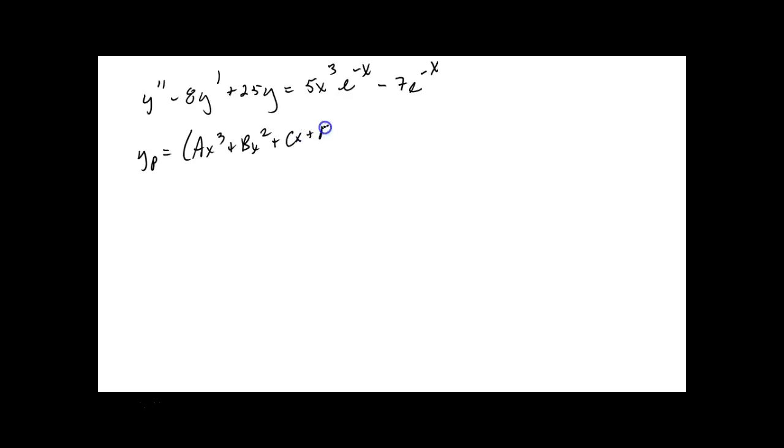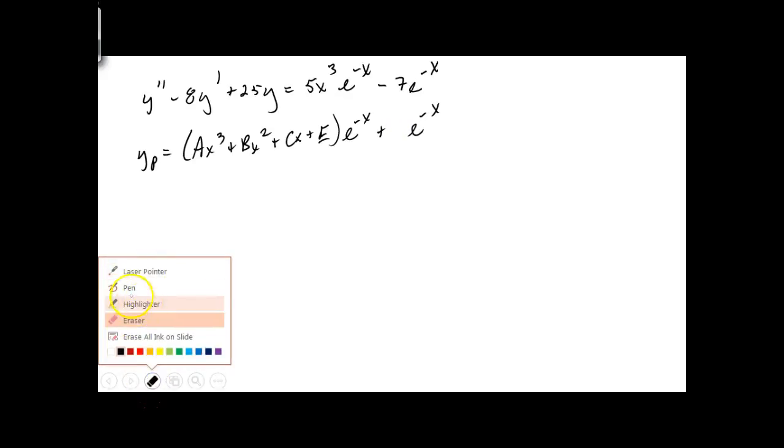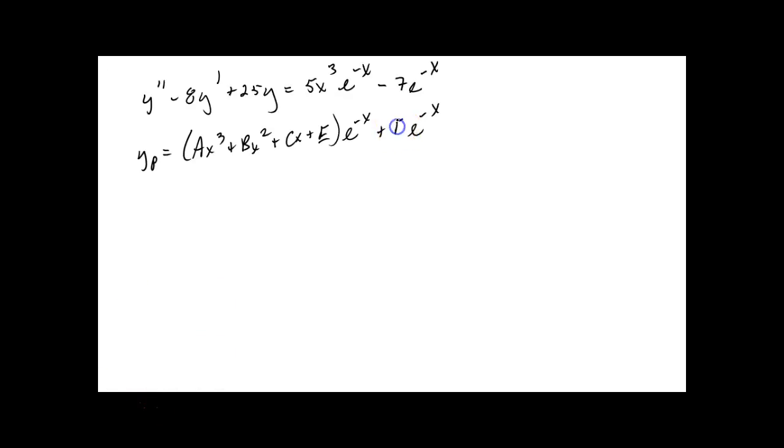Cx plus e, they don't like to use d. E to the minus x plus a e to the minus x. Not a, f. Okay, I don't know what you said, but I put a down. Needs to be a different constant. It's not the same as that a there. Okay.